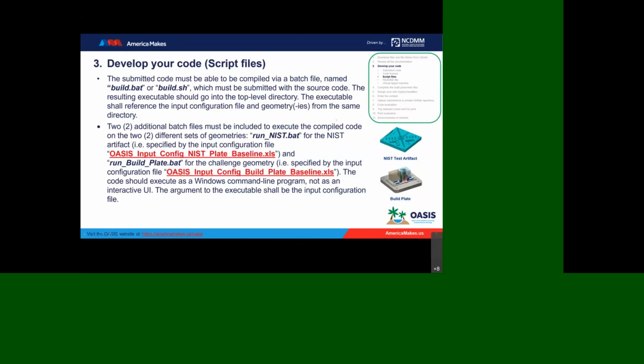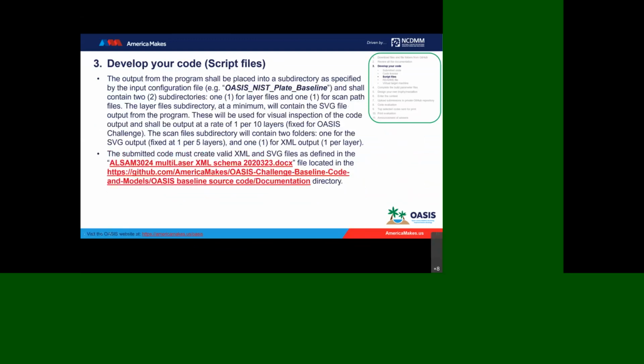The code should execute as a Windows command line, not as an interactive UI. The output from the program shall be placed into a subdirectory as specified by the input configuration file. It shall contain two subdirectories, one for layer files and one for scan path files.